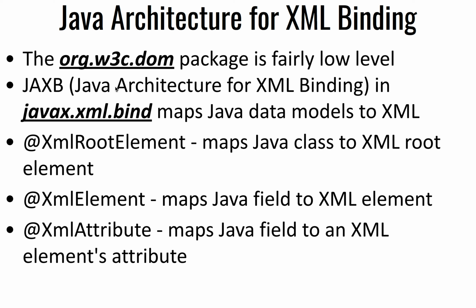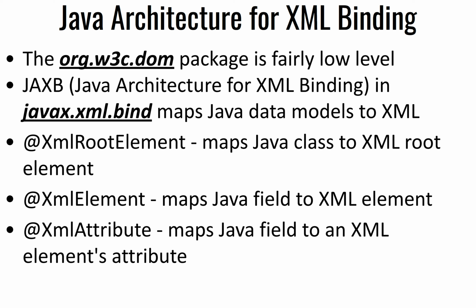JAXB stands for the Java Architecture for XML Binding, and all the implementation lives under the javax.xml.bind Java package. It allows us to easily map XML documents to Java classes. The way we are going to bind them is by using annotations, very similar to what we did in JPA.